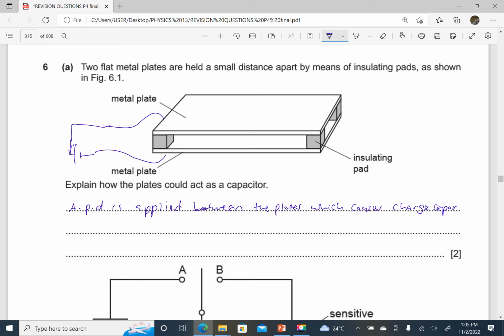Thus, storing energy as work done in separating the charges.